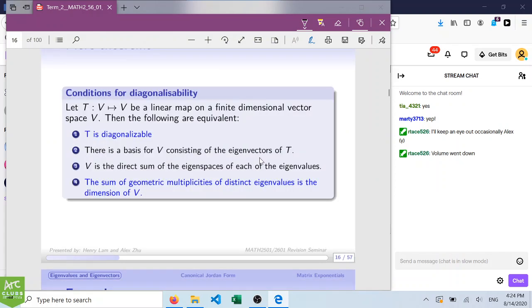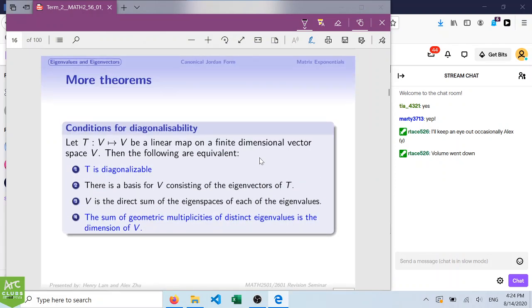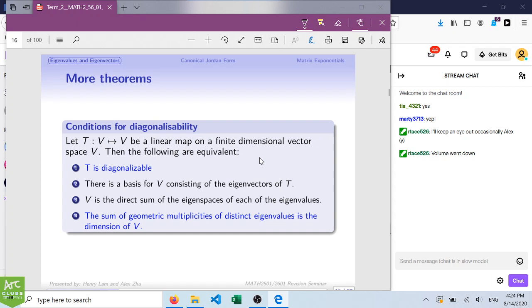All right, next we have the conditions for diagonalizability. So this part is kind of what we touched on before as well. If something is diagonalizable, there is a basis for V. Okay, so that is true, but it's not going to be something that you're going to use to prove if something is diagonalizable.